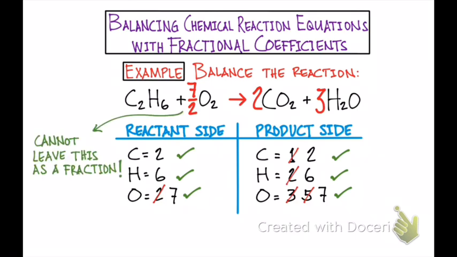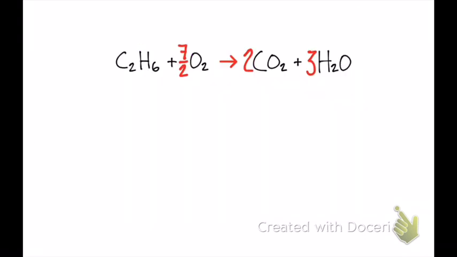But the problem here is that we can't leave this coefficient as a fraction. One of the rules regarding coefficients is that they have to be whole numbers. So how do we get rid of this fraction? What we can do is multiply the entire chemical reaction equation by the denominator of that fraction, in this case, 2.